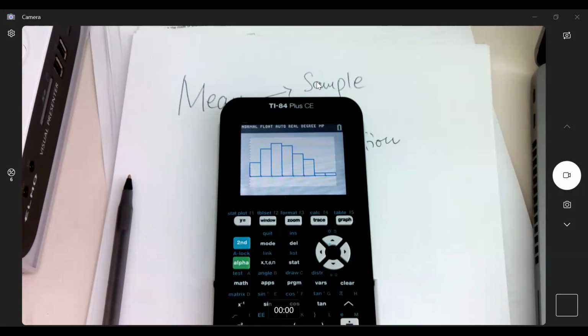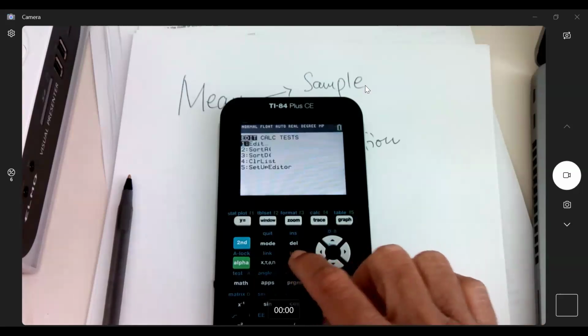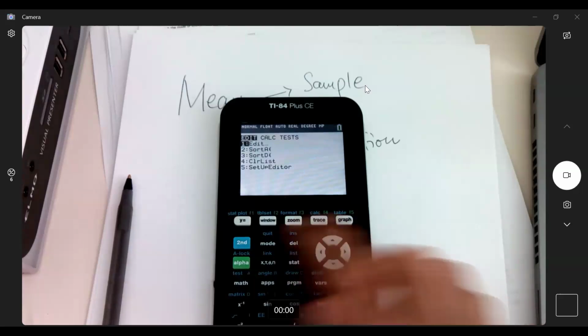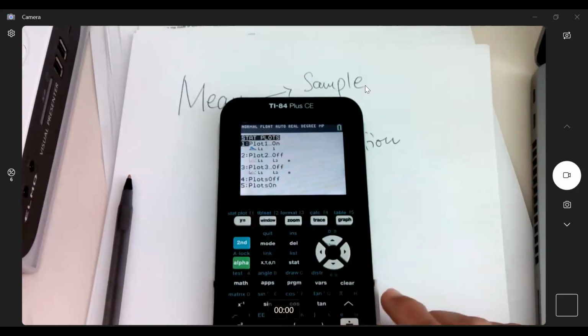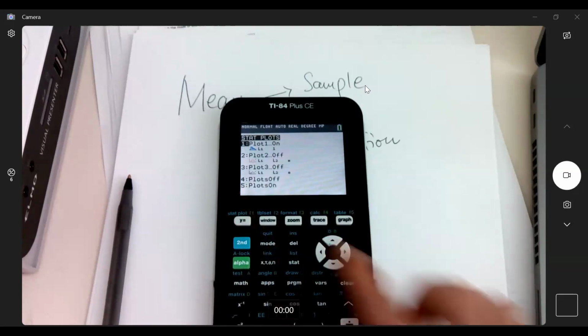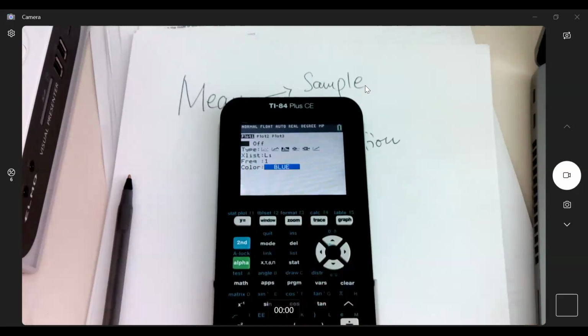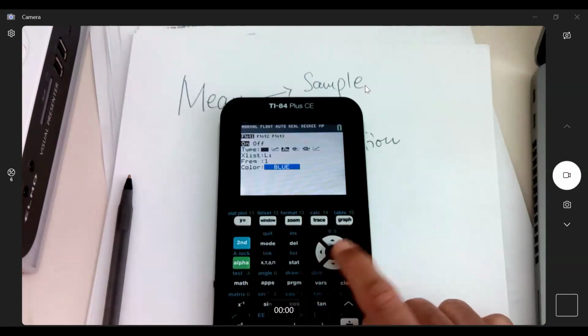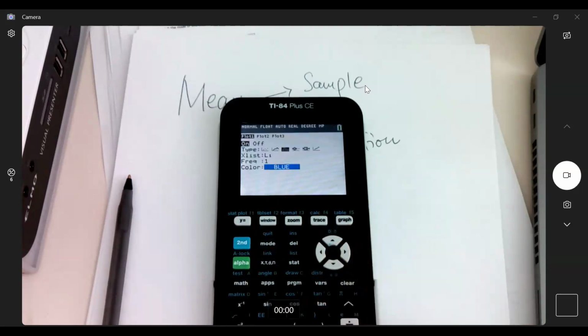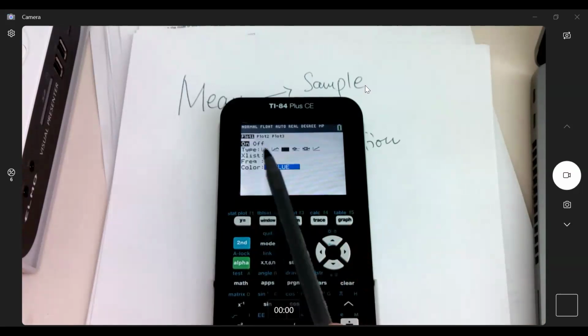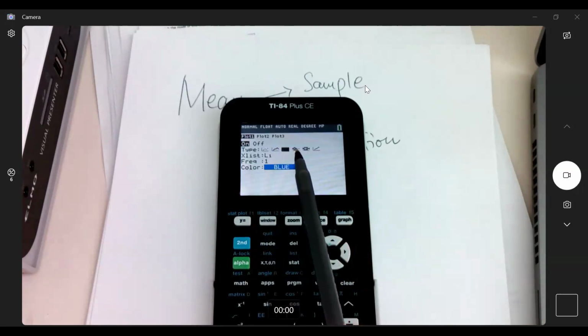Okay, so for getting to the graph, as you look on my calculator, I was on second stat plot for graphing, and I selected plot 1. I go enter, and plot 1 is on. Then I selected the histogram because there were dot graph, line graph, histogram, and box plot and all that.